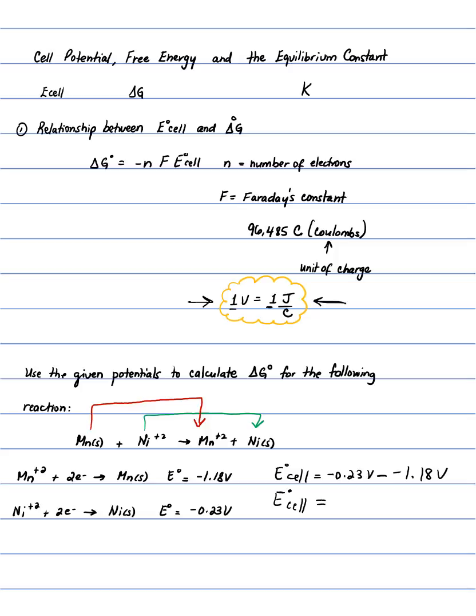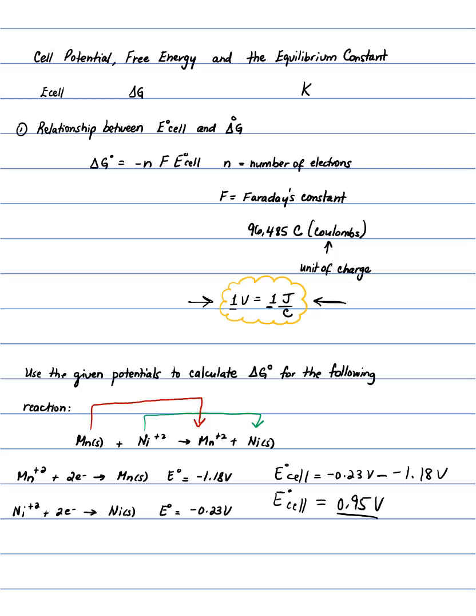So negative 0.23 minus negative 1.18, 0.95. So out of the three things that we need in the equation, because we're trying to calculate the Gibbs free energy, I already have my cell potential. That's the only one that you have to actually calculate.